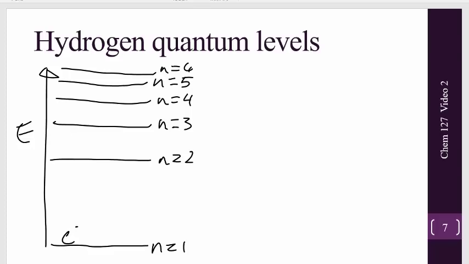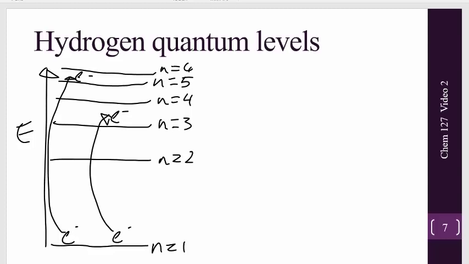So the electron can skip energy levels if it's given enough energy. So let's say this electron has absorbed enough energy to get up to n equals 5, and that maybe an electron in some other hydrogen atom absorbs a little bit less energy, and it can get up to n equals 3. So those would be different absorption events.